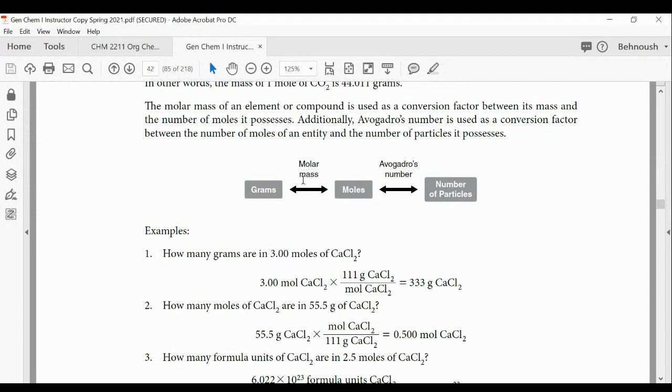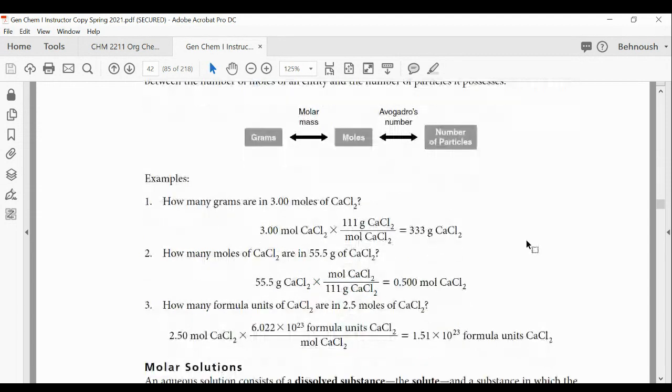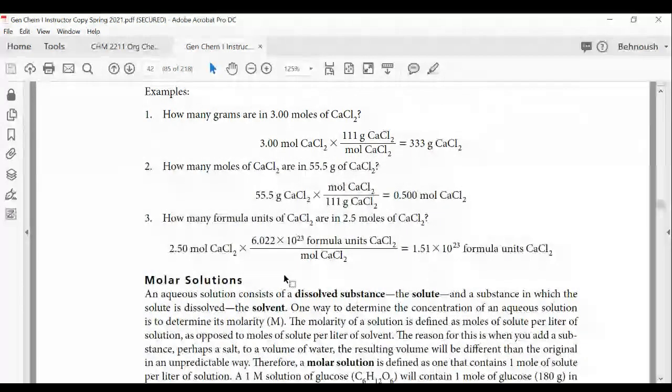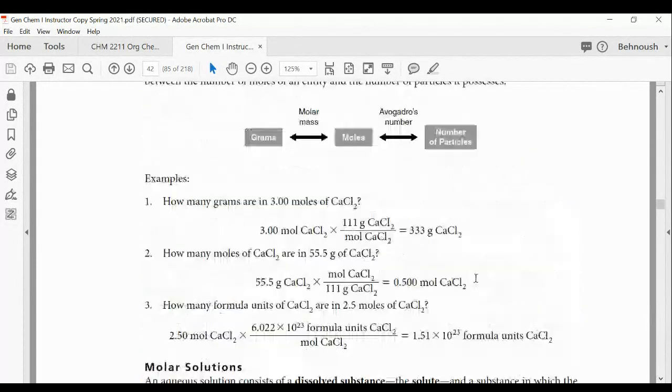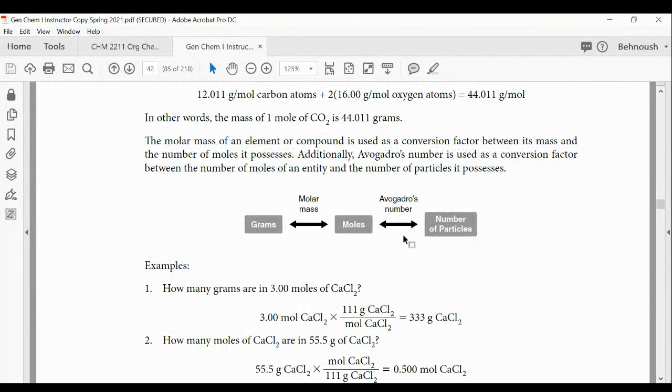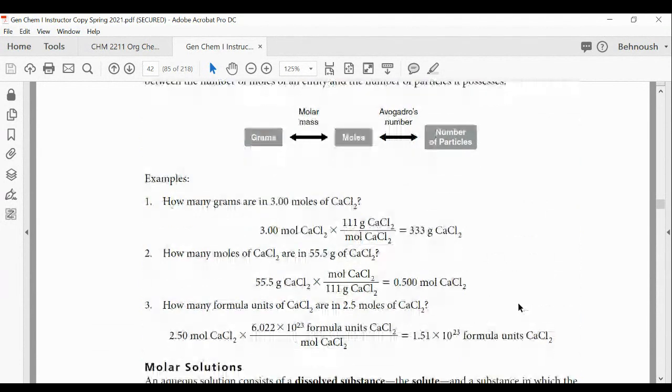You add them all up, you get the molar mass. So when you have the number of moles, you can go either to the mass or the particles or number of atoms.